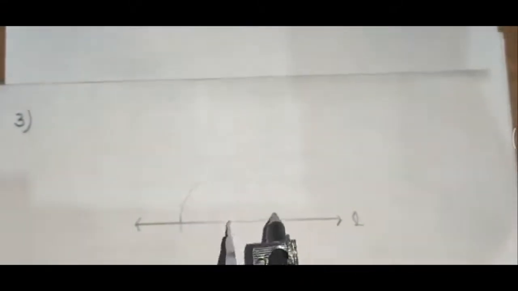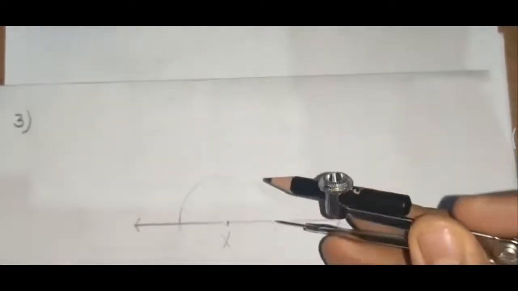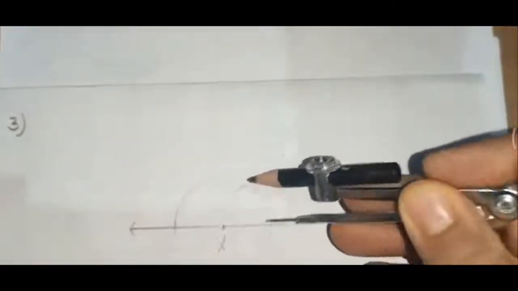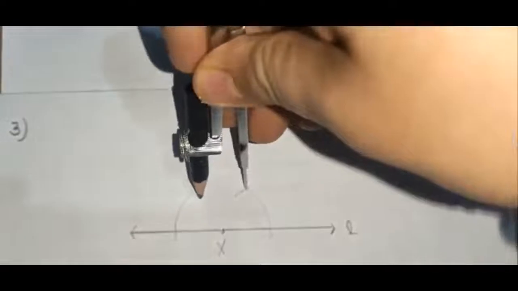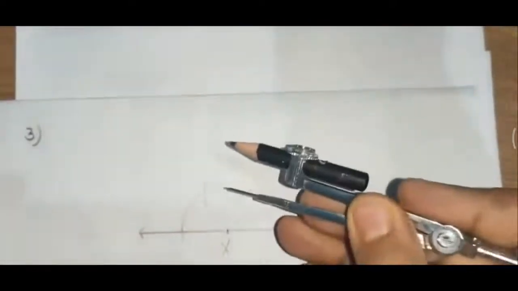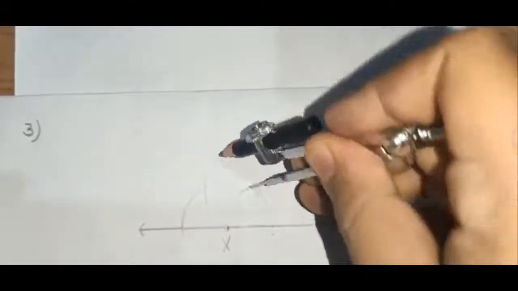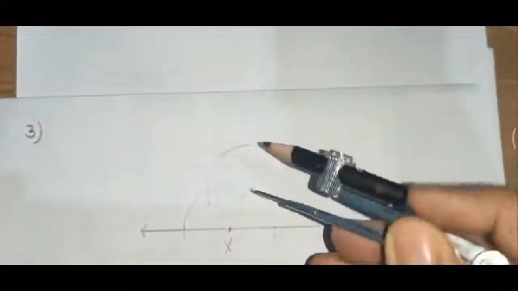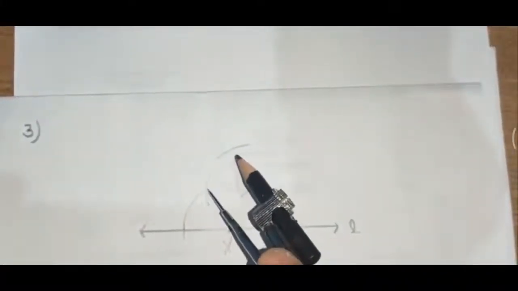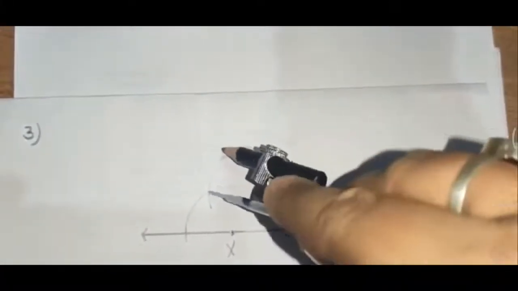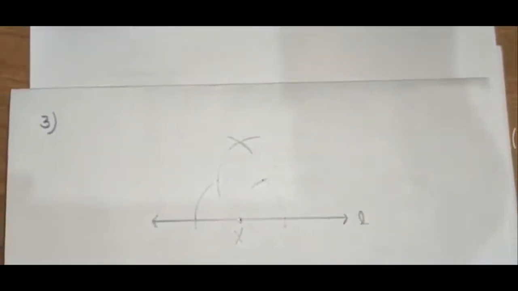From here, first arc, then second arc, from the first arc you will draw a third arc, and then from the second arc you will draw a fourth arc. So in this way you are required to draw this.